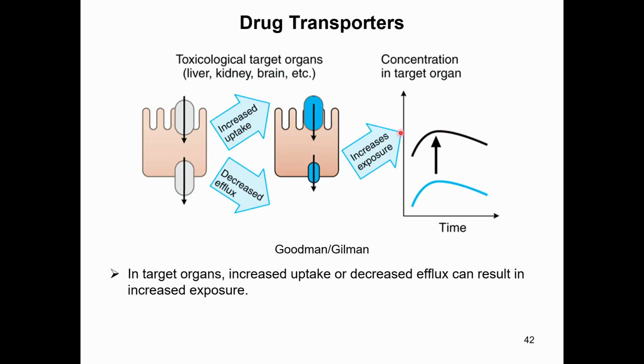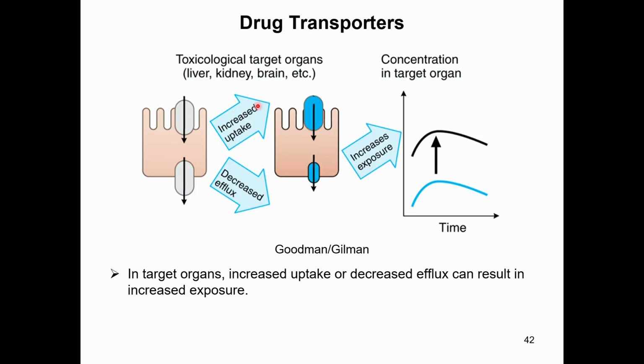And it's important to consider that this can work both ways. If you have altered transporter expression, that can lead to increases of drugs. If it's increased transporter expression, it could increase the levels, if this is a transporter that is, for instance, moving stuff into the blood.